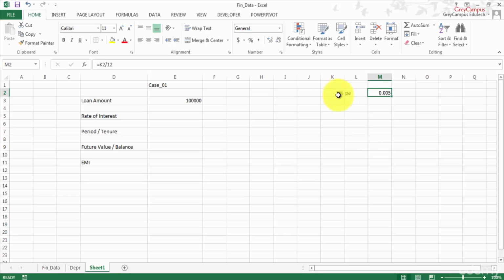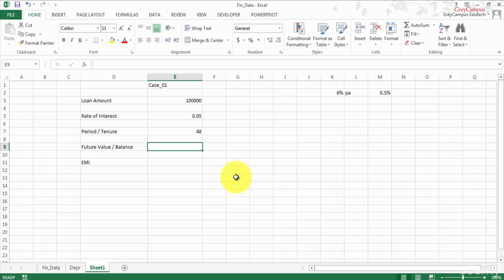Actually 6% per annum will be 0.5%. So 0.5%, when we need to write here as an interest, we write it as 0.05. And tenure, let's say we take some fixed tenure, and then we have the future value.